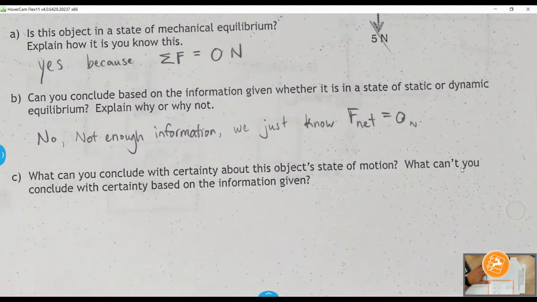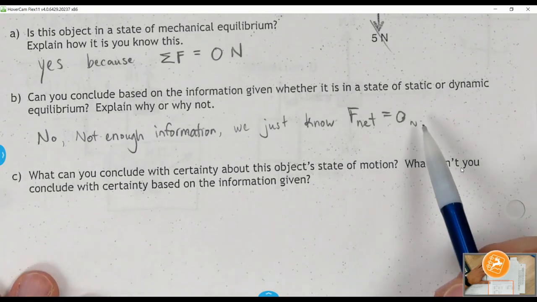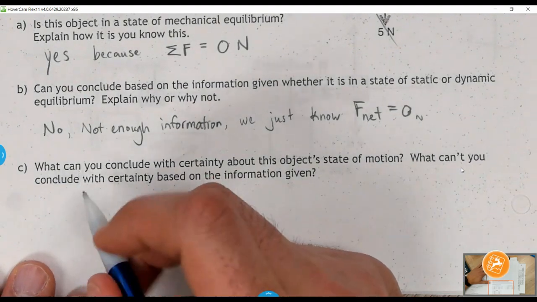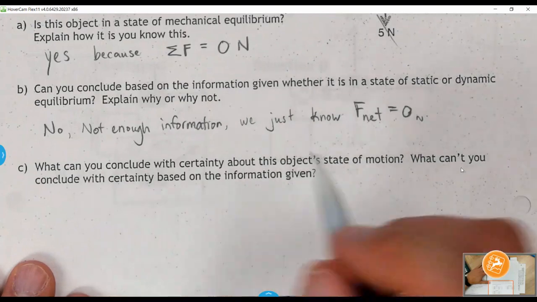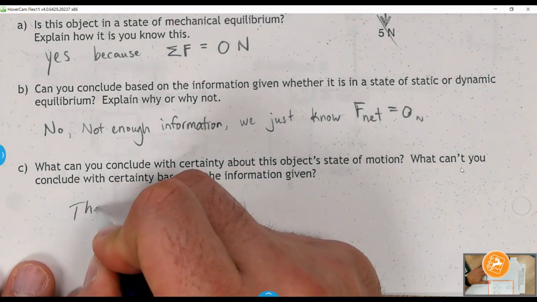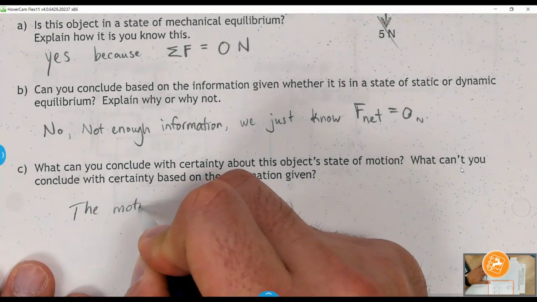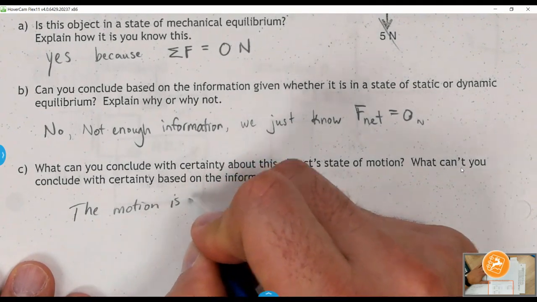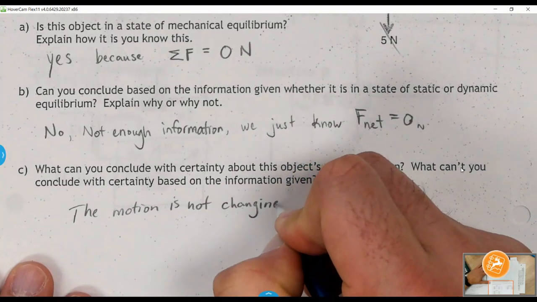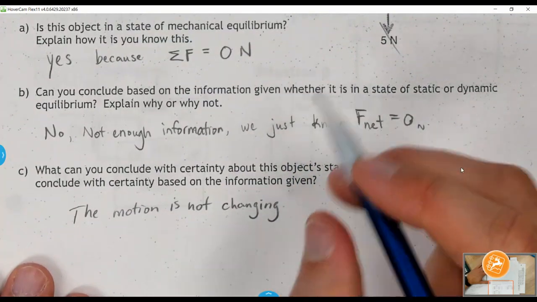And then the last one. So what can you conclude about the object's state of motion? And what can't you conclude? Well, if the net force is 0, what happens to the object's motion? Good, it does not change. So we know that the motion is not changing. And then what can't you tell?